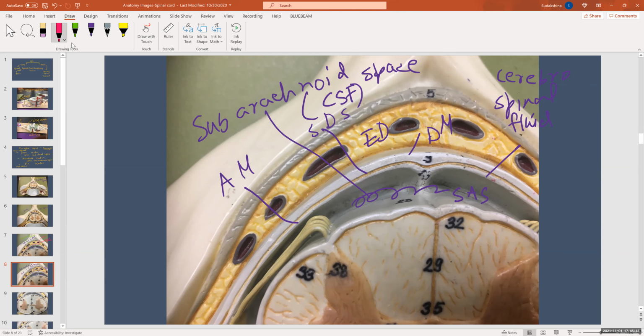And stuck to the body of the spinal cord right here, this light blue layer that you see, this is what we call pia mater.